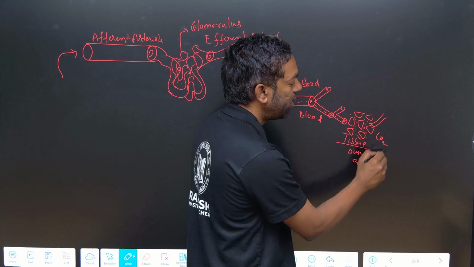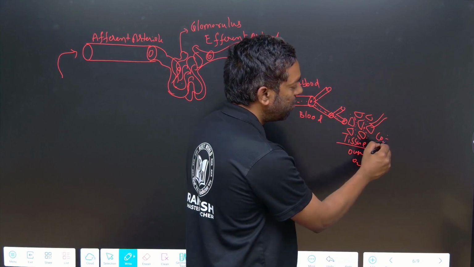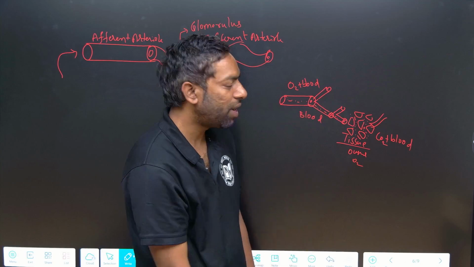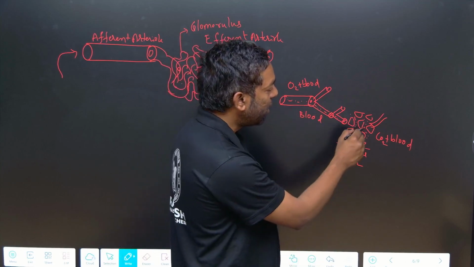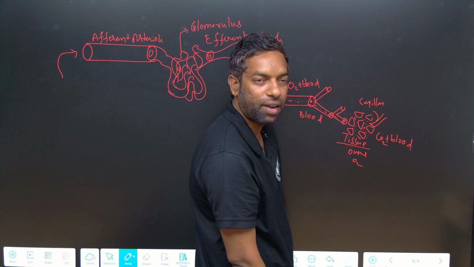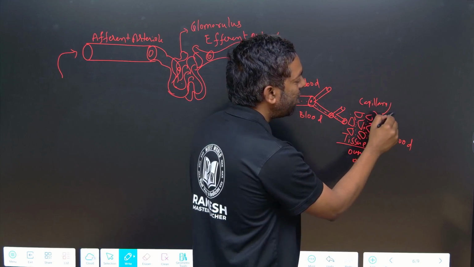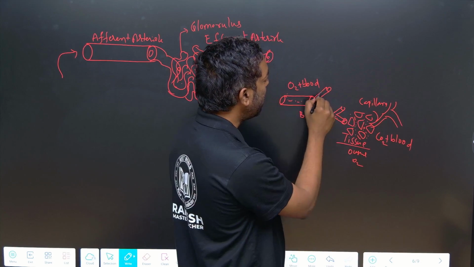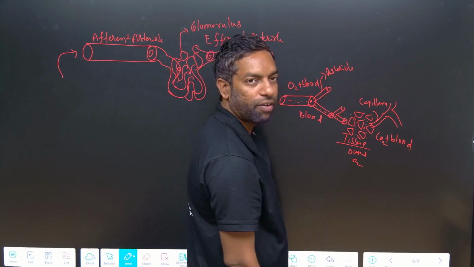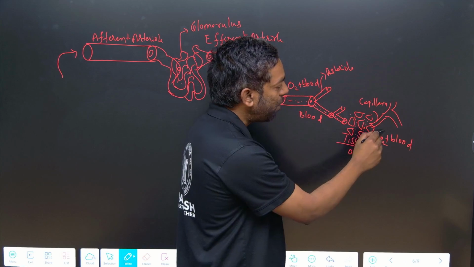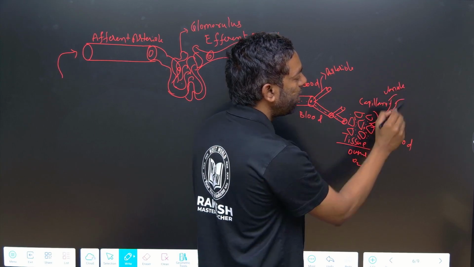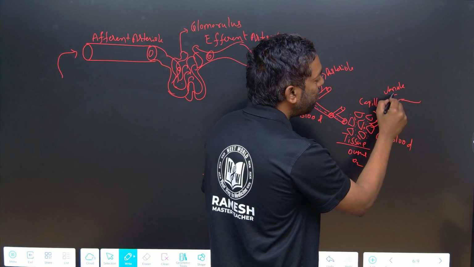After that the tissue produces carbon dioxide, giving deoxygenated blood. Who can take the deoxygenated blood away from the tissue? Starting with the capillary, this capillary further divides into venules. The artery divides into arterioles, the capillary makes venules, and the venule further makes veins.